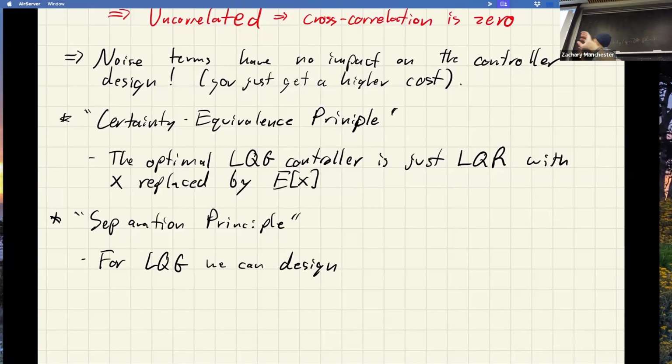And then you also have to design an estimator to get that expectation of X, right? A state estimator, in other words. But the idea here is that you can separate those two design problems and they don't have to interact at all. You can design whatever kind of statistical estimator you want to get expectation of X, and you can design this deterministic optimal controller, and you just hook them together and you're good to go.